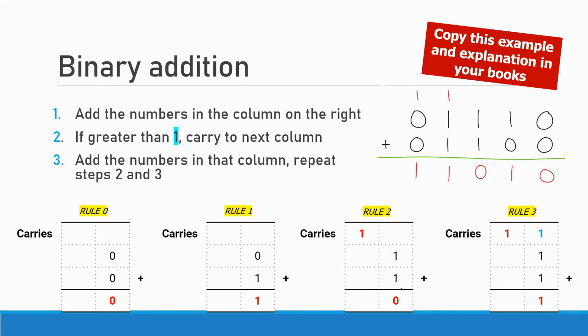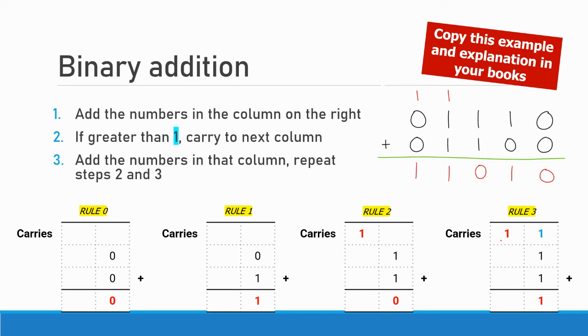So you still follow rule 1 by writing a 1 at the bottom with no carry. If you're adding up a column and your sum is 2, this is the rule you follow. Write a 0 at the bottom and a 1 at the top. For 3, you would write a 1 down there at the bottom and carry a 1.